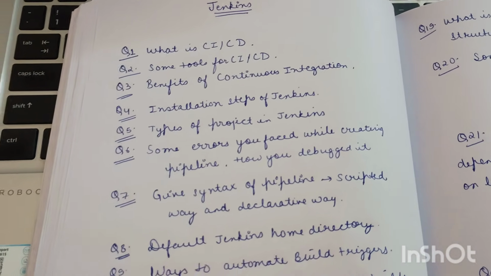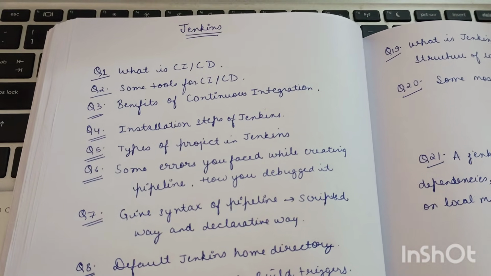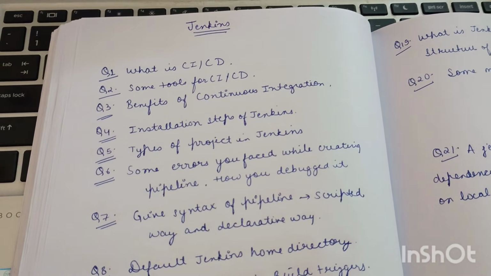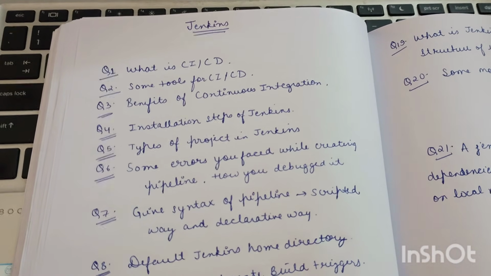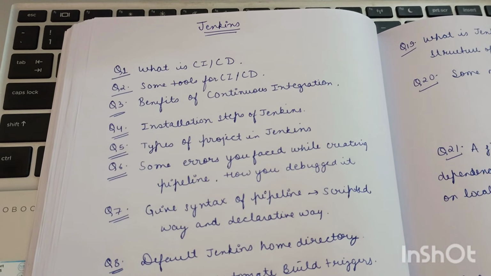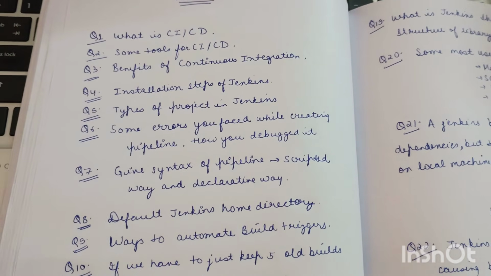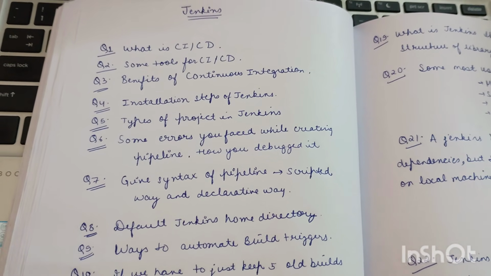Some errors you faced while creating a pipeline, and how you debugged them. There can be access issues first of all that you can mention. Whatever issue you have faced, you can easily debug in the logs.